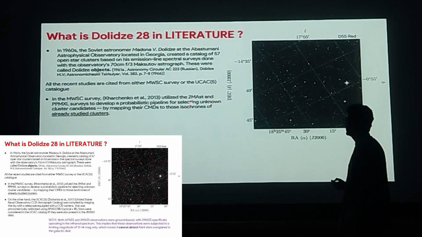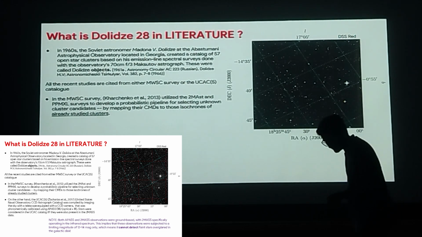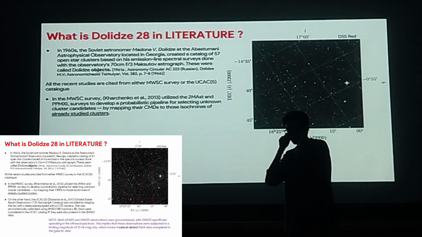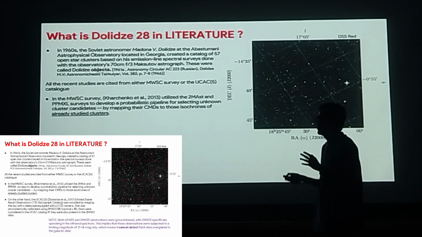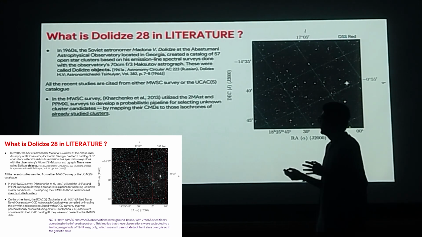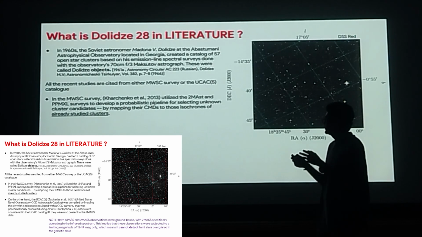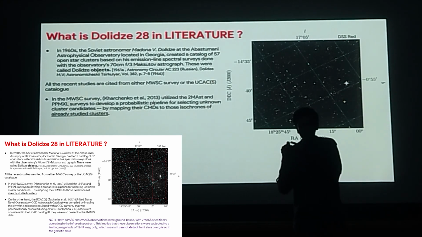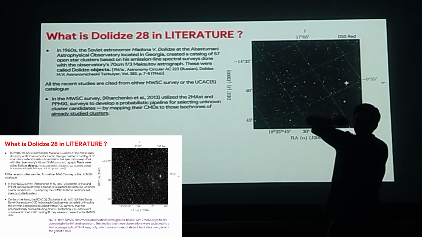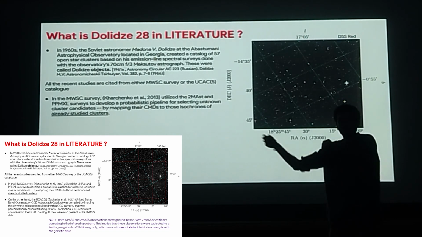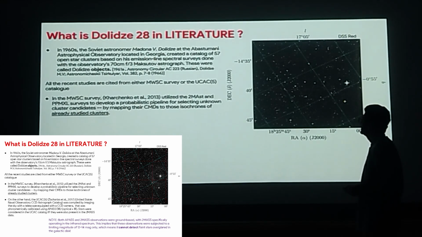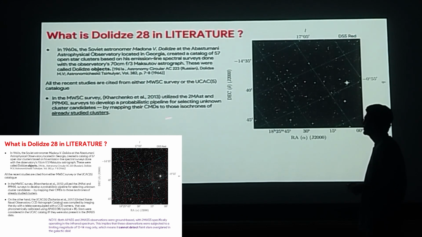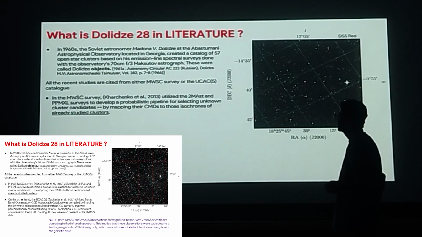He utilized two ground-based observations, 2MASS and PPMXL, and they already had a predefined data set of already studied clusters. For the suspected cluster candidates, they mapped their properties with those of already studied clusters, like they mapped their CMDs to the isochrones of those clusters.